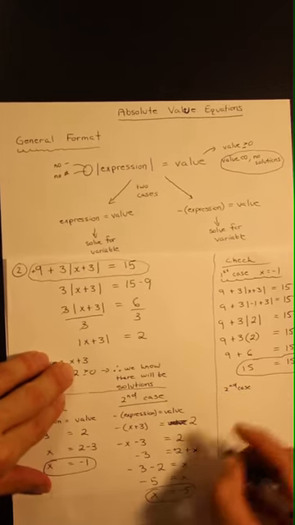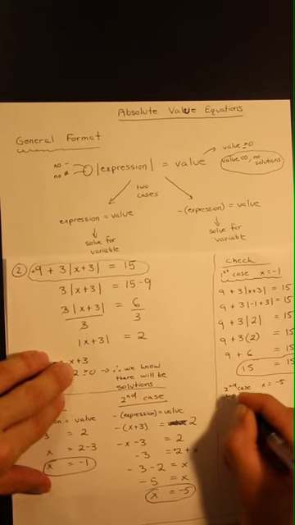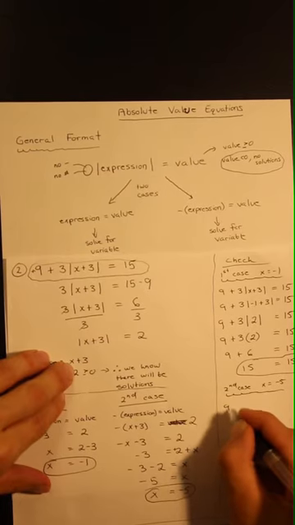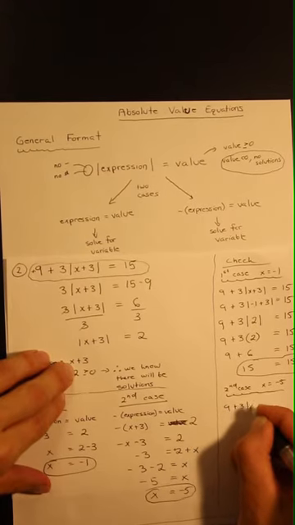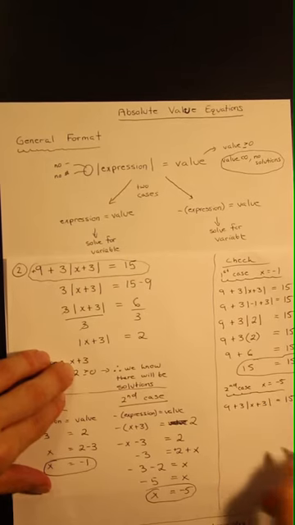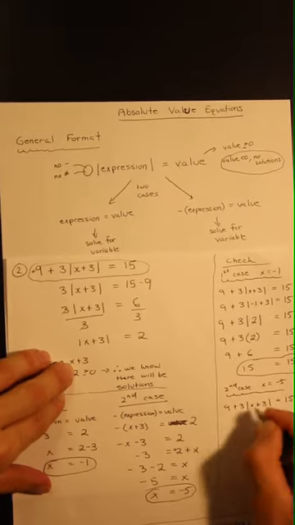Our second case is x is equal to negative 5. So if we write out our equation again, 9 plus 3 times the absolute value of x plus 3 is equal to 15. I'm just going to work with the left side here, so I'm going to input negative 5 for x.